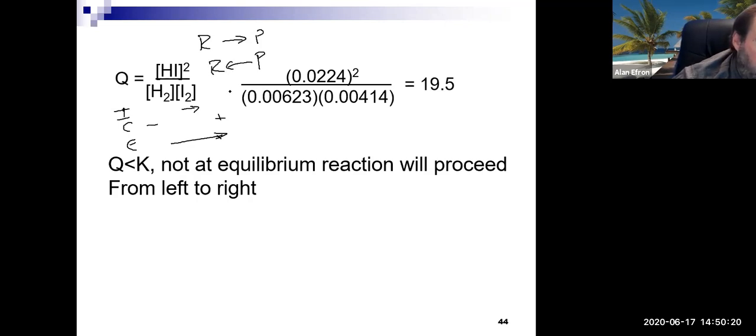If we found Q was greater than K. And again, what that would affect is the change part here in terms of the minuses and the pluses. But you really should do Q here before you actually get to the problem, just to verify which way that reaction is going. In reality, probably 9 times out of 10, even if you blew right by this part and just went right to the problem, you'll probably be okay. But you should really check it just to make sure.